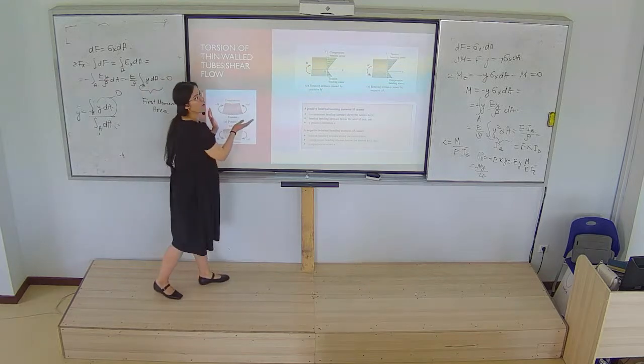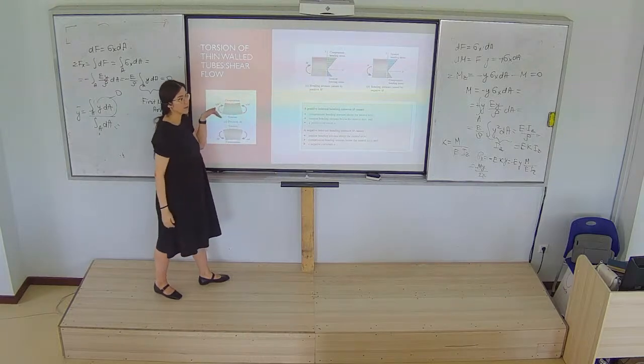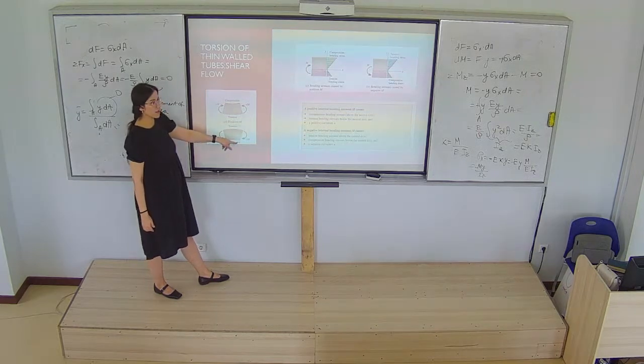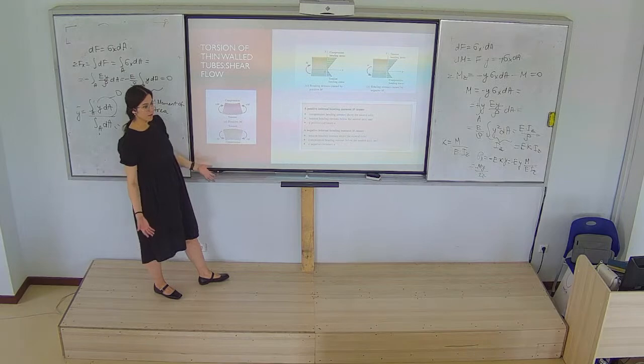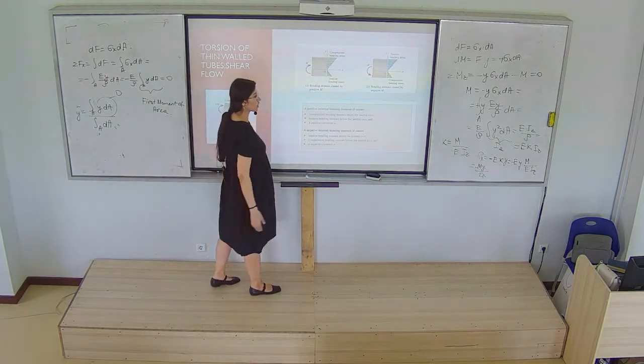If our moment is acting in this direction, with the upper part from the neutral axis in compression and the lower part in tension, it means that our moment is positive. And vice versa. If the moment creates compression in the lower part and tension in the upper part, it means that our moment is negative.